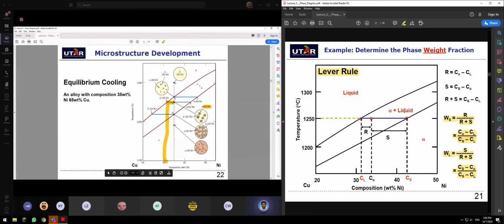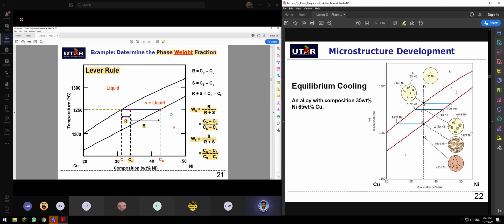Then down the road, I cool further until the material reaches point D. Here, this is almost solid. So you can see the solid alpha is growing bigger and bigger. The liquid has a composition of 24 weight percentage, and the alpha stays at 35 because it is on the solidus line.